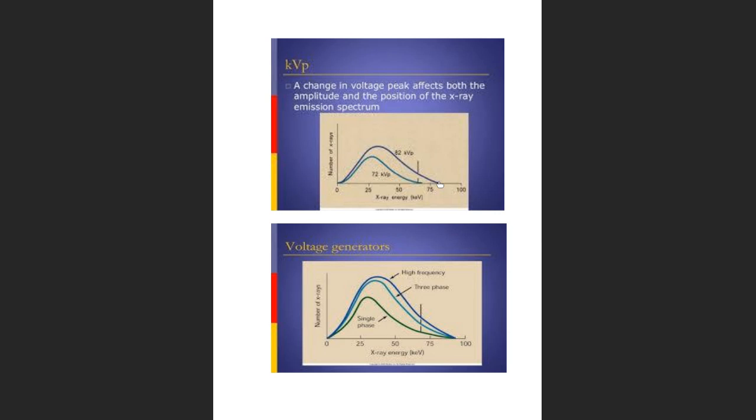So this affected the amplitude, right? We have more X-rays. But we also had that change in the position, that shift to the right. We had an amplitude change and a change in position. Everybody feel good about that?